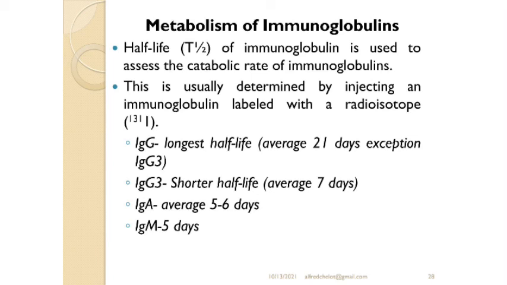So all of them will have an average half-life of about 21 days, except for immunoglobulin G3. So for G3, it is the one that has the shorter half-life, an average of about 7 days. Whereas for immunoglobulin A, it will have a half-life of about 5 to 6 days. And for immunoglobulin M, it will have a half-life of about 5 days.